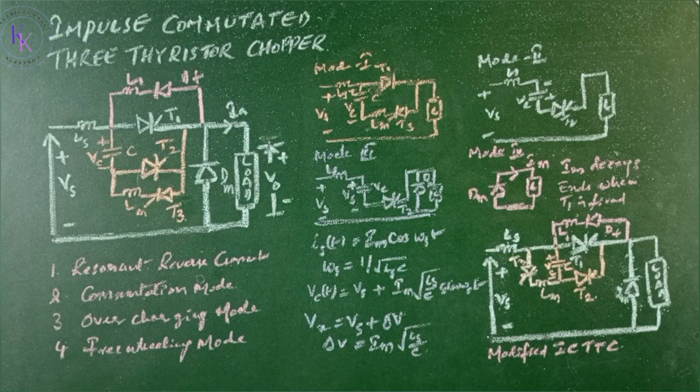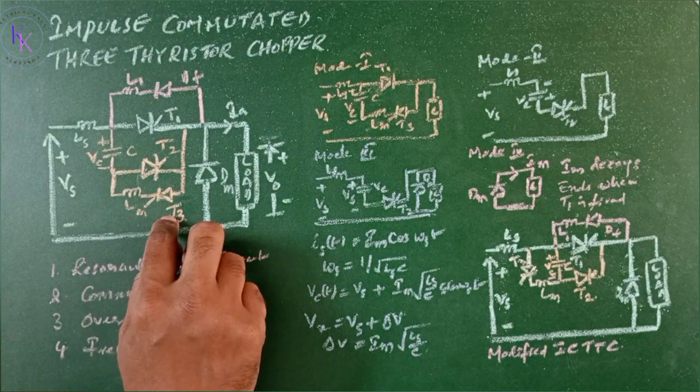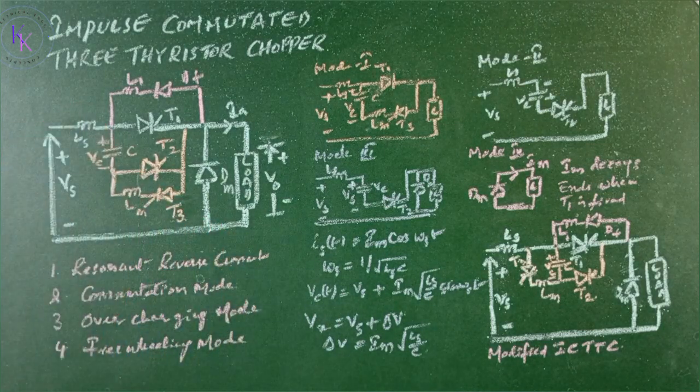The third modification is placing Lm and T3 across the capacitor C, so resonant reversal is independent of the main thyristor. Finally, we got this modified impulse commutated 3 thyristor chopper, ICTTC. The waveform is the same as the impulse commutated chopper. So refer to the topic of the impulse commutated chopper. The link is given in the description.